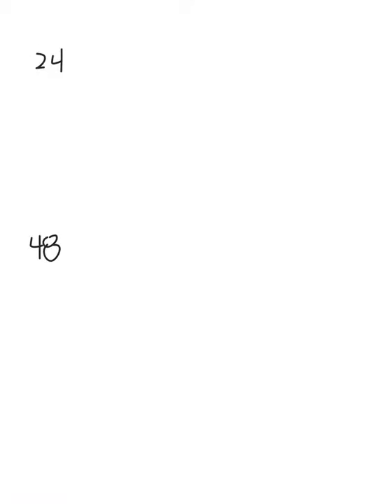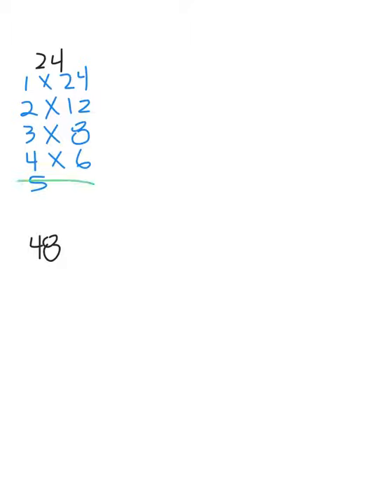Let's take a look at our factors of 24. We have 1 times 24, 2 times 12. Because 24 is an even number, we know that 2 will go into 24. 3 times 8. Divisibility rules, 2 plus 4 is 6. 6 can be divided by 3, therefore 24 can be divided by 3. 4 times 6. 5, nope.